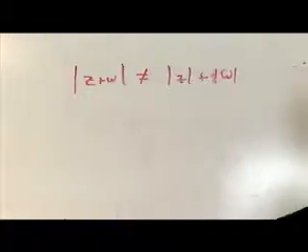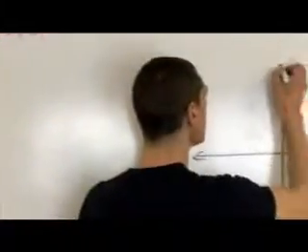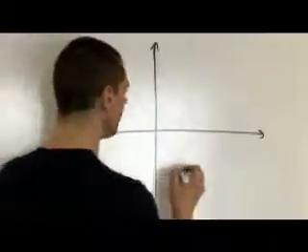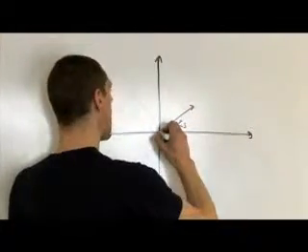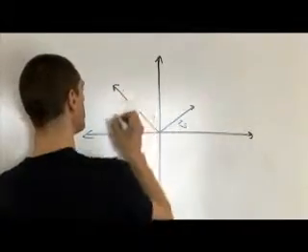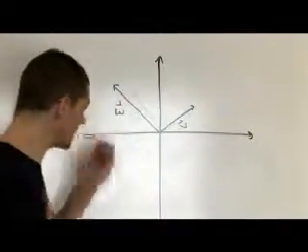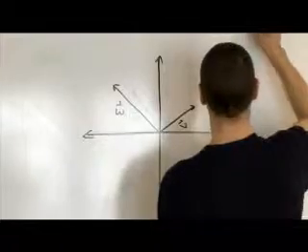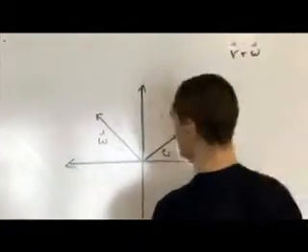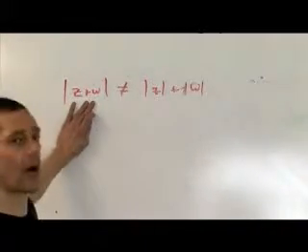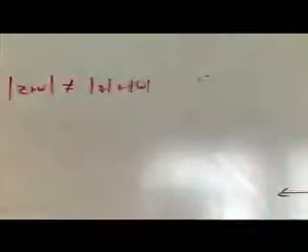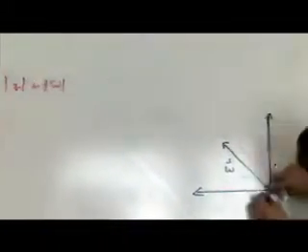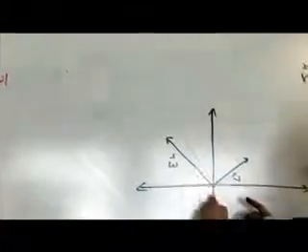I'm just going to make this up. Suppose we're doing this vector addition, and we'll make this the vector v, and I'm going to add the vector w right here. Well, remember what we do. So what is v plus w? Although these are complex numbers, they are essentially vectors in the plane. So when we add vectors together, we take the tail of w, and this is called the head, this is the tail.